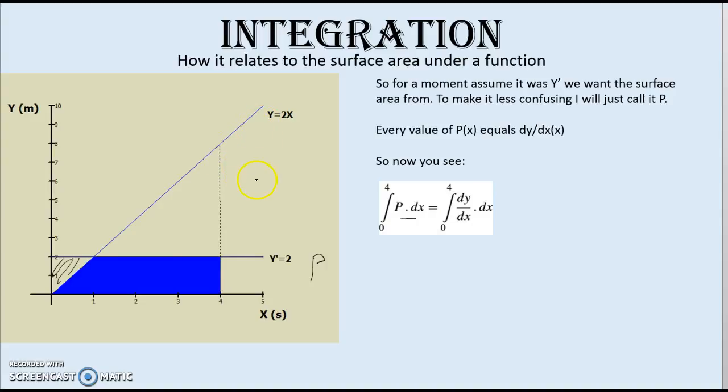So because it is y-accent, it is the differential of this function. And then you would arrive here at this point 8 meters, alright? So this is how the primitive constitutes the surface area of its derivative.